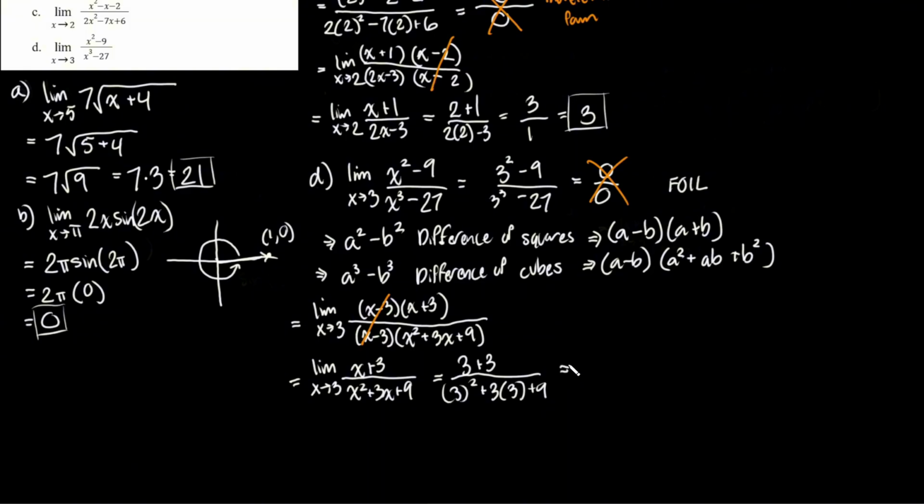The top part is just 6, since 3 plus 3 is 6. The bottom part, 3 squared is 9, 3 times 3 is 9, and plus 9, so it's 3 nines. That's 3 times 9, which is 27. We can simplify this: 6 divided by 3 is 2, and 27 divided by 3 is 9. So our final answer is 2 ninths.